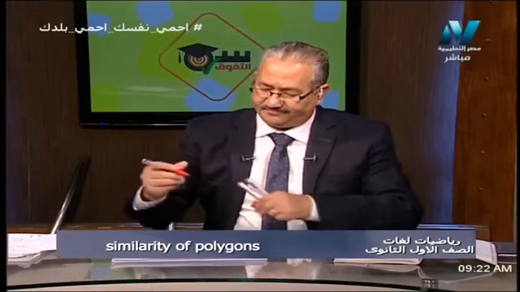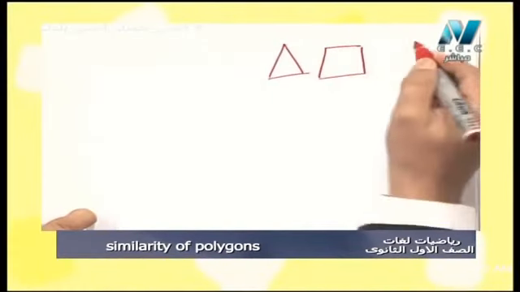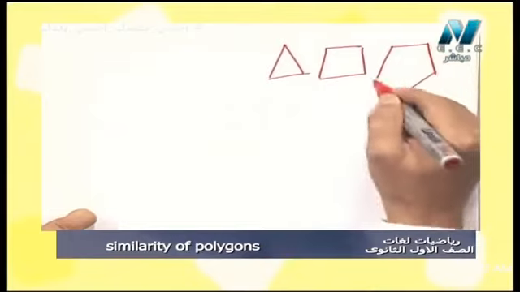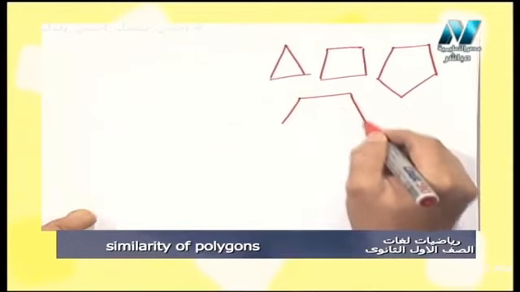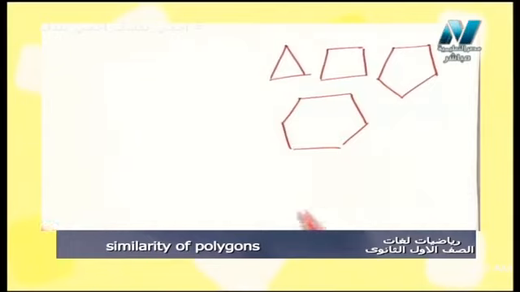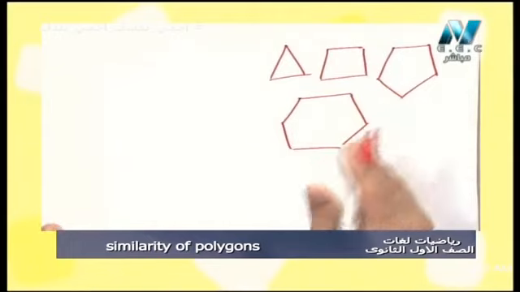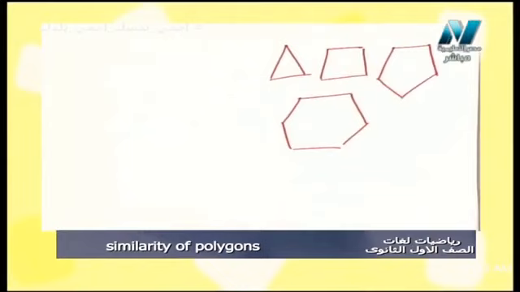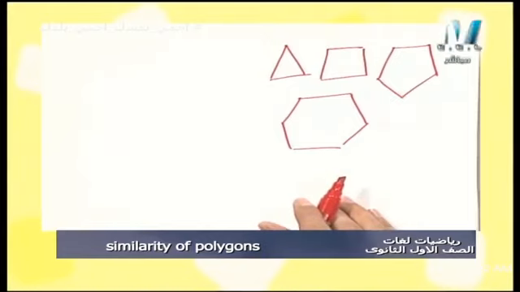As an example, we have triangles, quads, pentagons, hexagons, and so on. So all these are polygons. Before the example, if we have 3 polygons, can our 3 polygons be similar? Yes, or even more, even 4, 5, or so on.